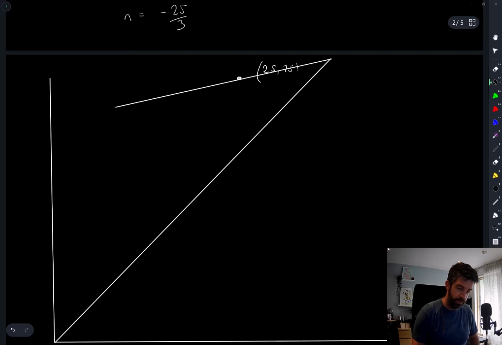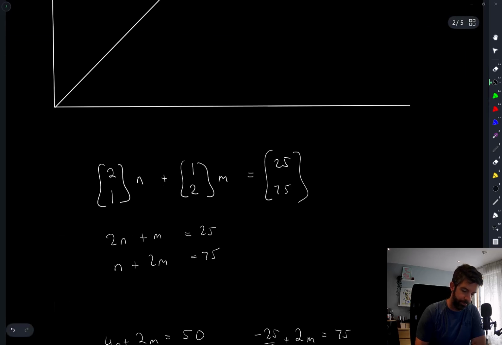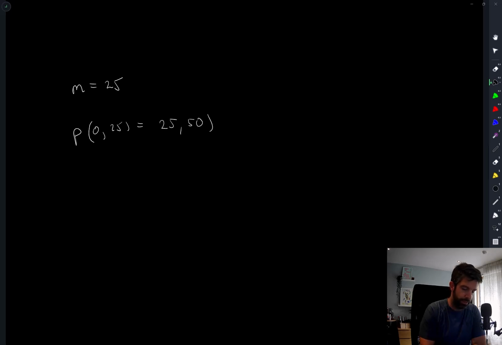So what I really need to do is compute the closest point on this line to that point and see how close we can get to that. This honestly might just be faster by brute forcing it. If I let m be equal to 25, then we end up at the point P(0, 25), which is equal to (25, 50).